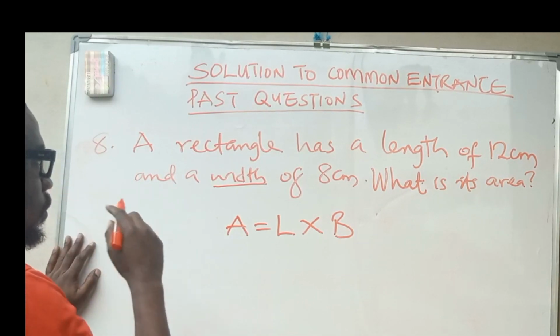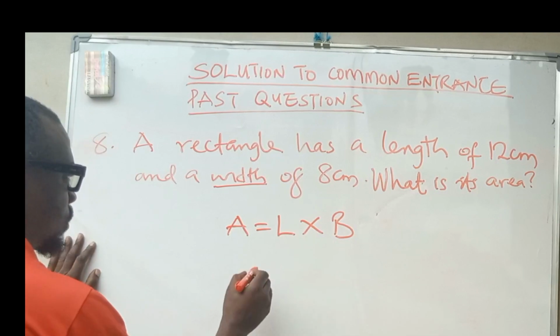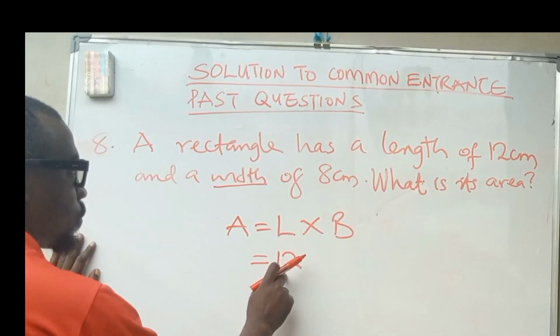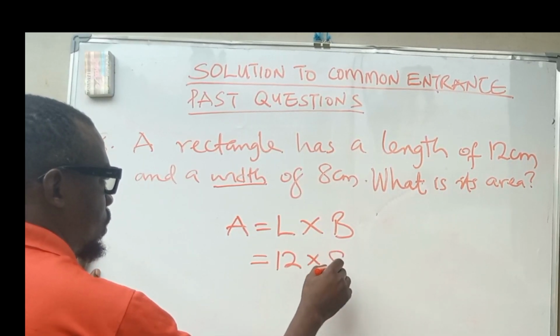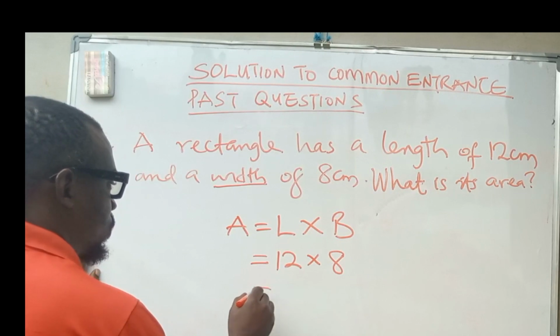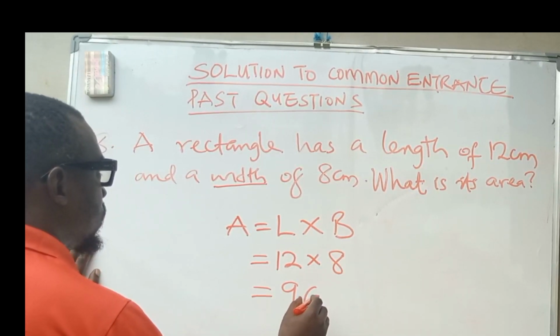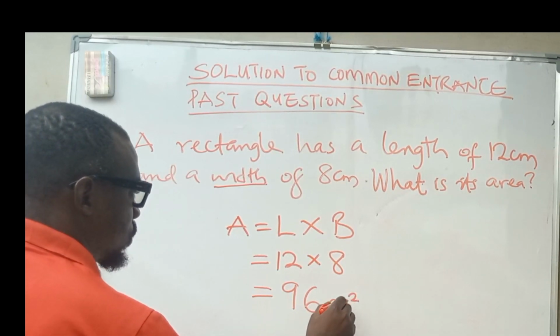So we have been given the length, the breadth is the width. The length is 12, and the breadth is 8. If you multiply these together, it will give you 96. Don't forget, it's area. So it's going to be centimeter square.